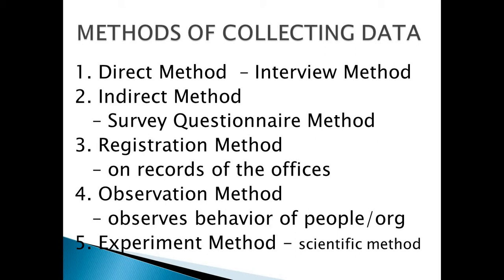The fourth one is the observation method, normally conducted by psychologists, scientists, and physicists, which observes the behavior of people, organizations, or a specimen. And the experiment method is normally conducted by scientists and physicists. They make use of a scientific method.